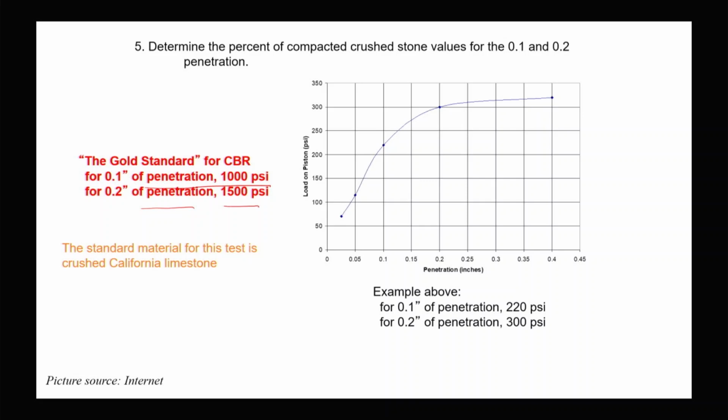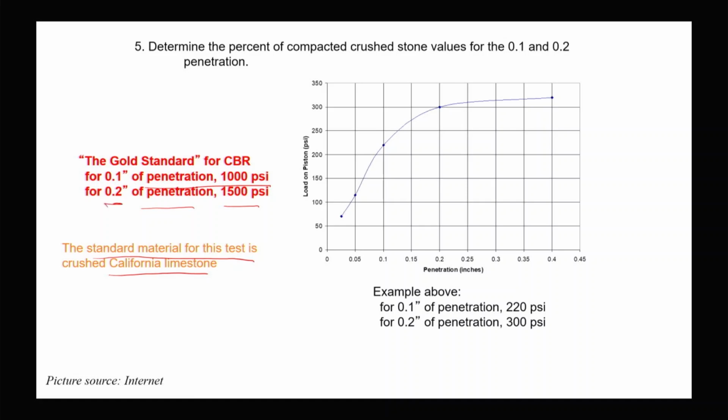This is the gold standard, meaning the standard material for the test is the crushed California limestone. For that, if we apply 1000 psi pressure, the penetration will be 0.1 inch. When we apply 1500 psi, the penetration is 0.2 inch.